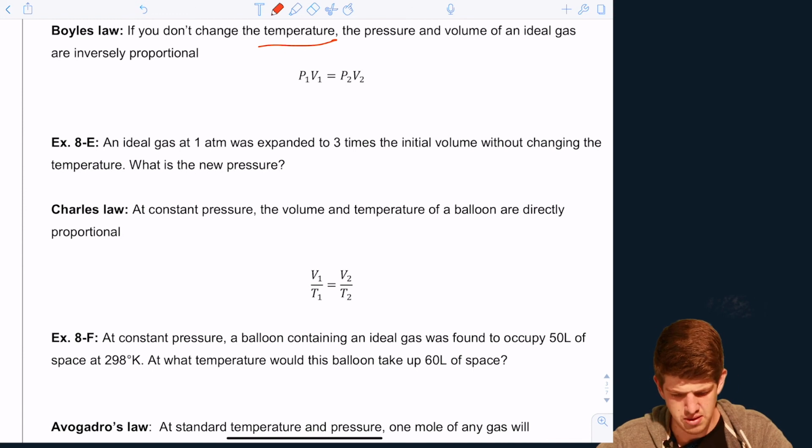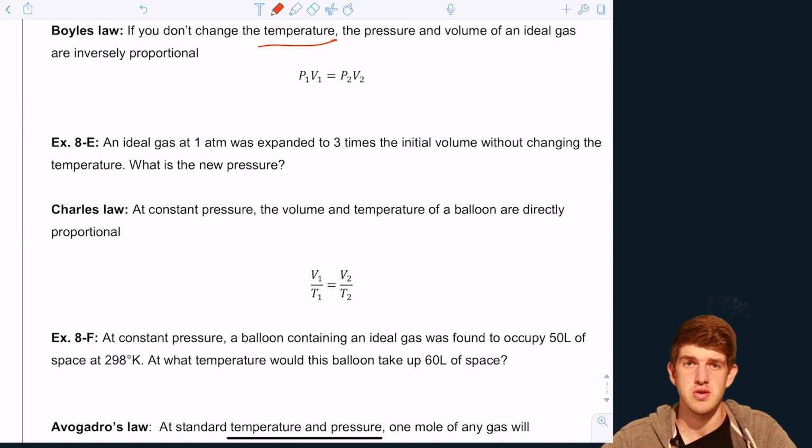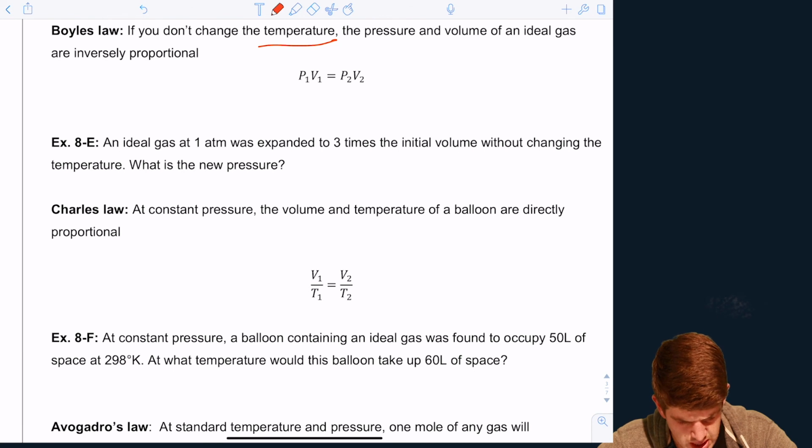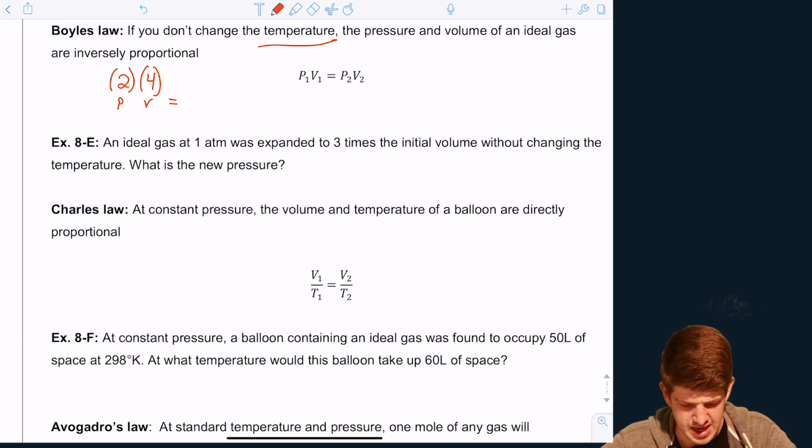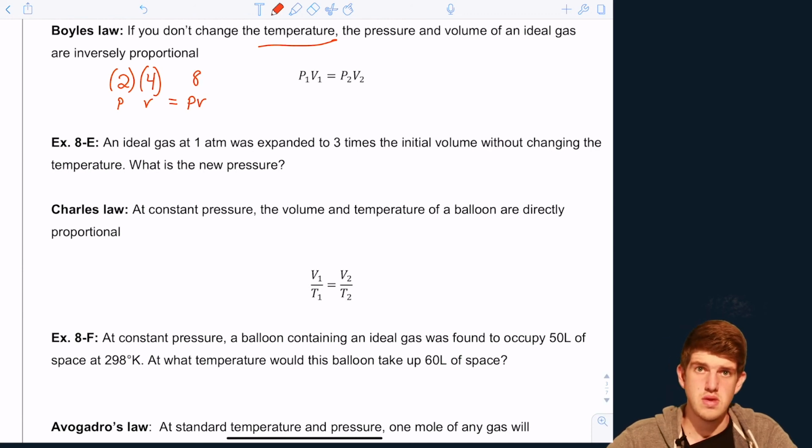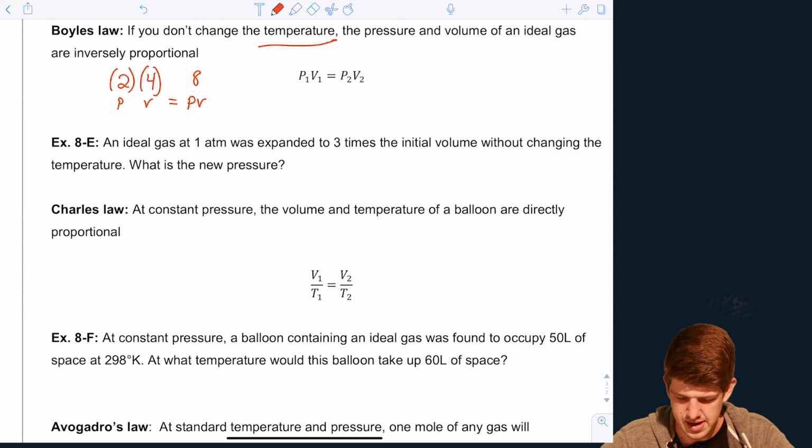and volume. So if I say that the original pressure, as an example, was 2, and then the original volume was 4, the pressure times volume of this gas would equal 8. Now, given that pressure times volume equals 8, what happens if I increase the pressure to, let's say, 8?